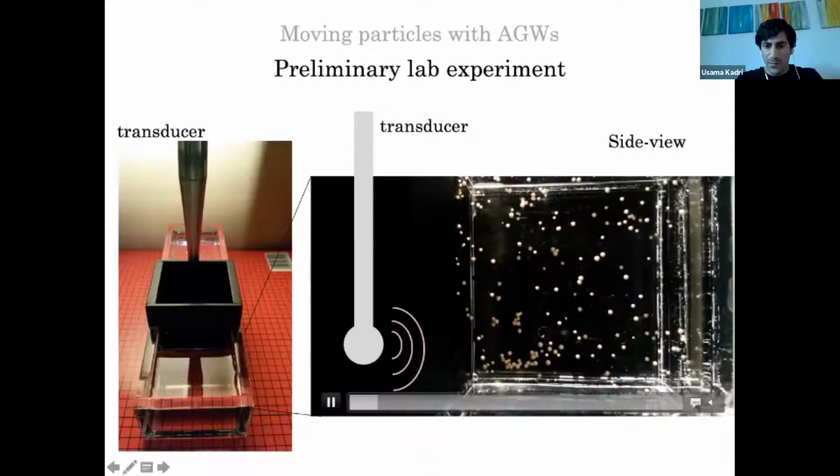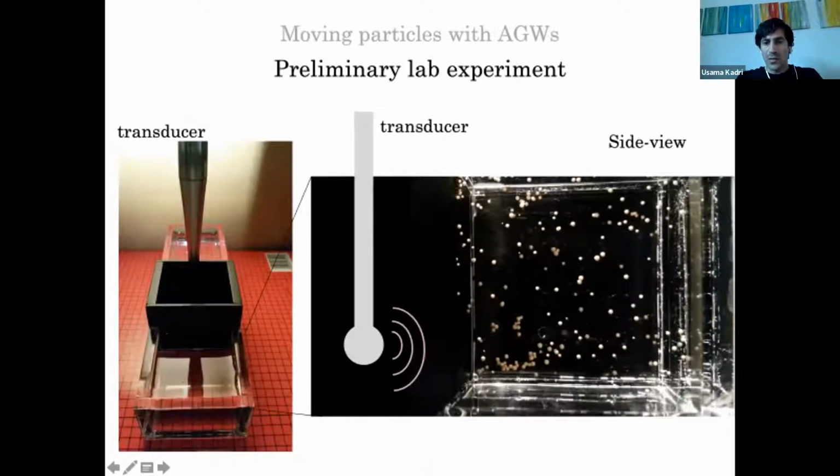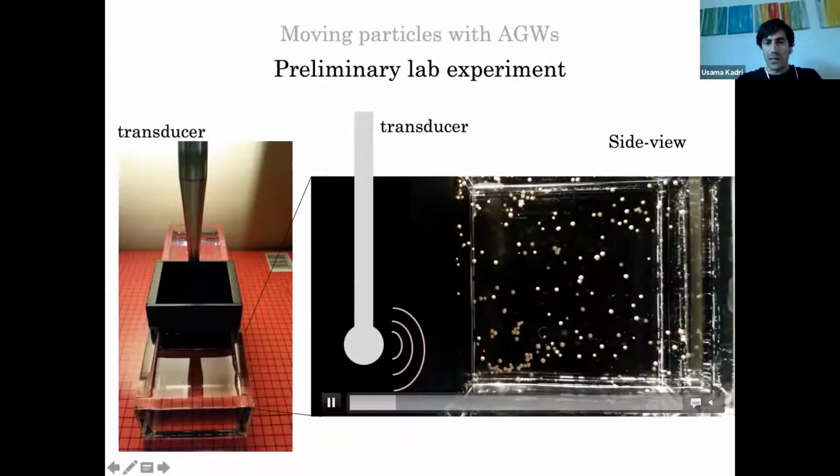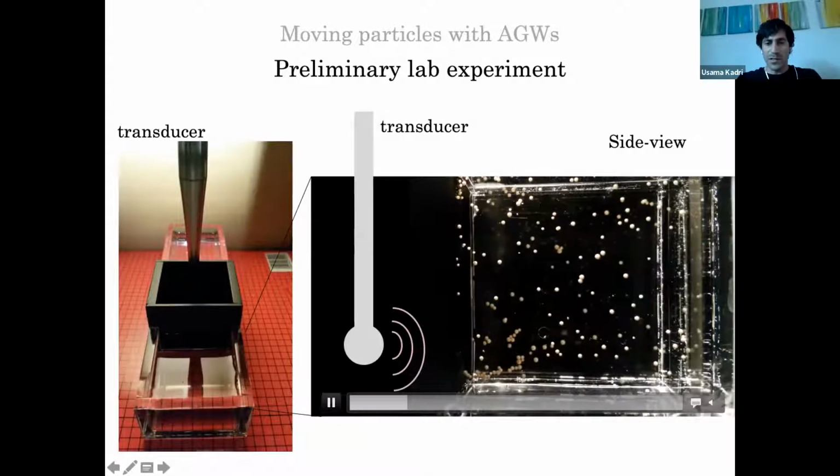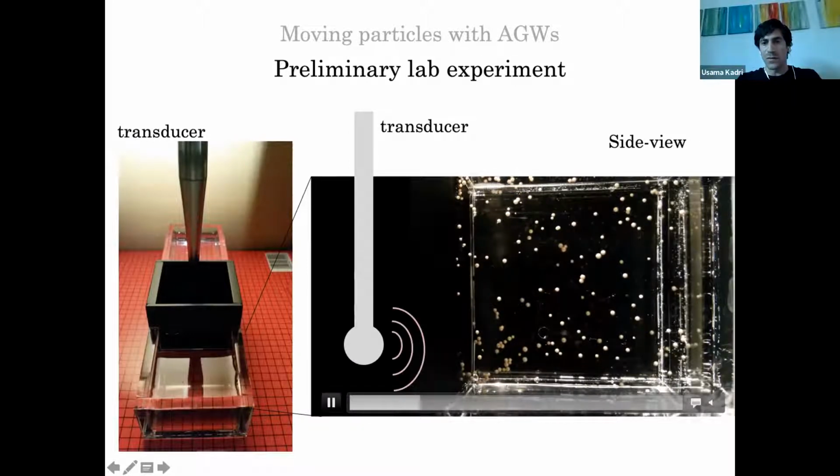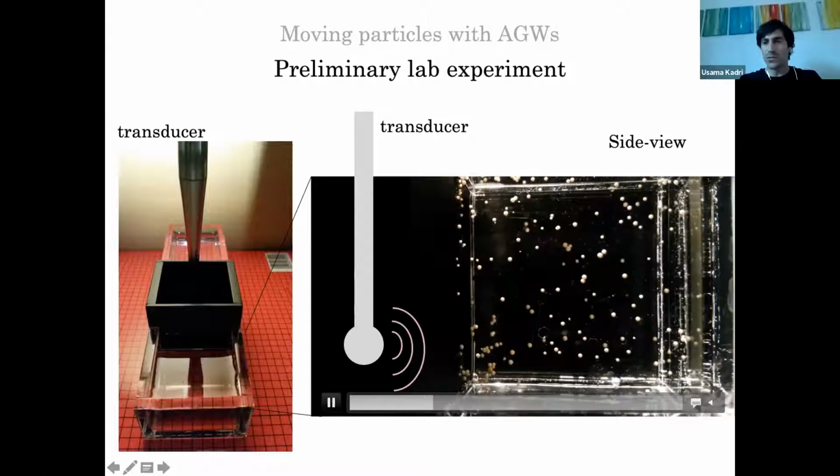Let me run this. This is just a water tank, and these particles inside are neutrally buoyant particles, and you see now it's working, and you can see that there's this movement in the particles. Okay, just to illustrate the effect.